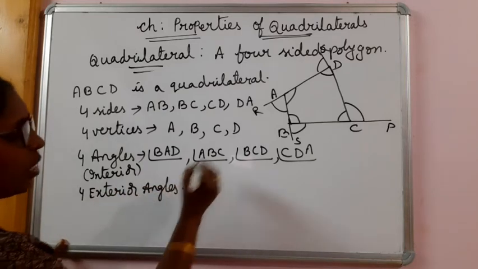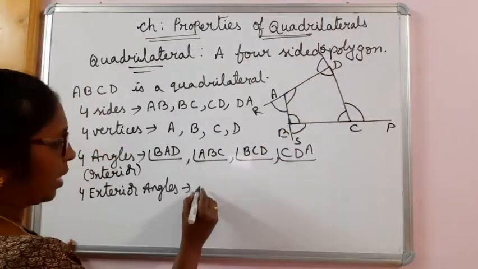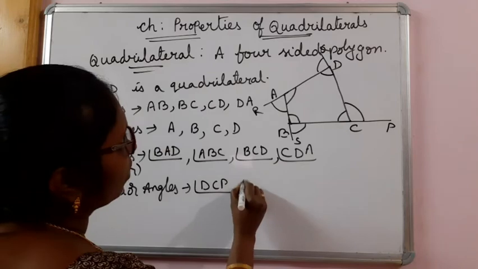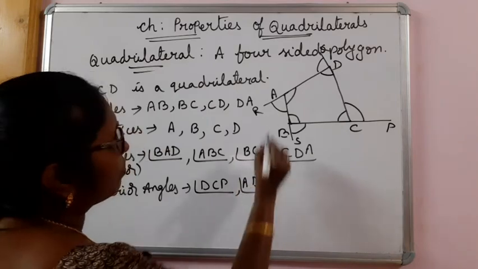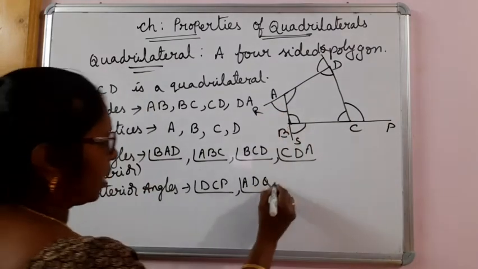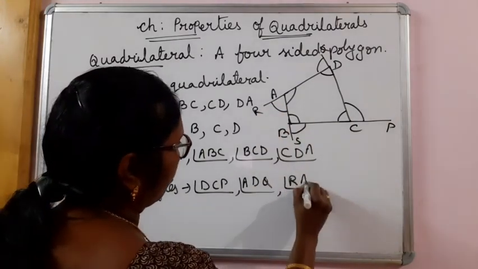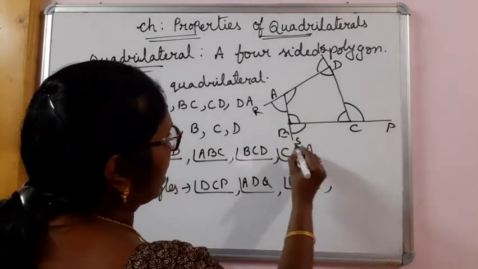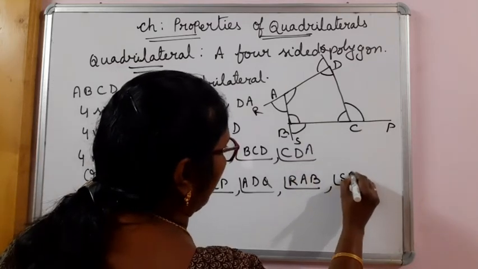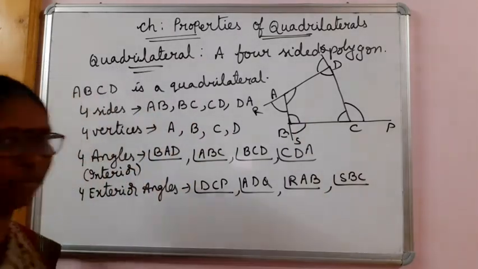In this particular figure, the four exterior angles are angle DCP, angle ADQ, I have named this point as Q, angle RAB, and this is angle SBC, or CBS.